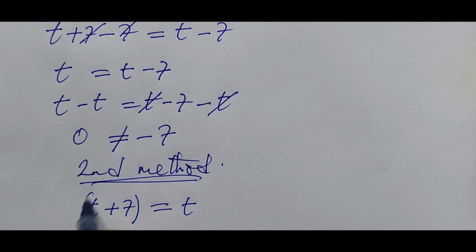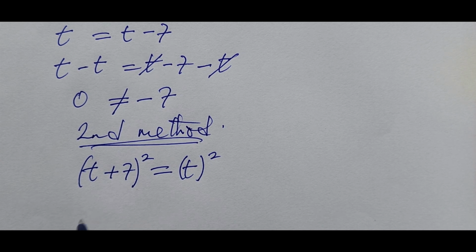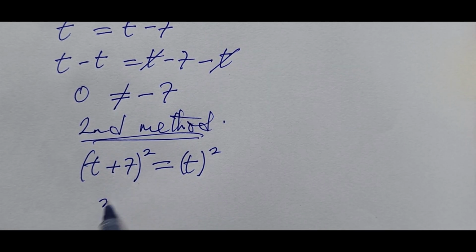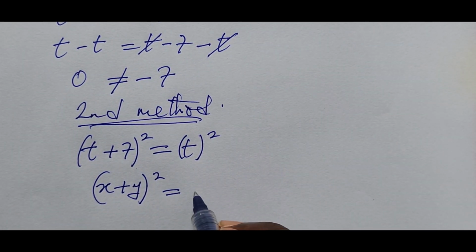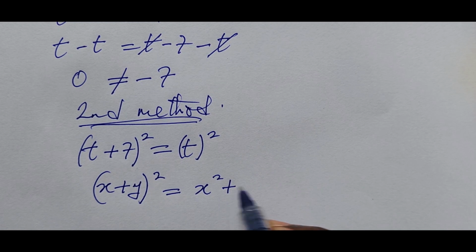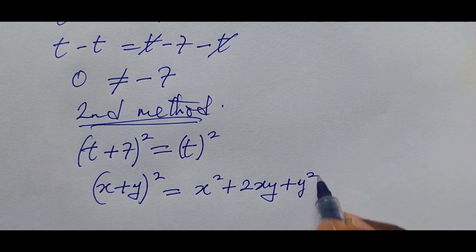If we square both sides of the equation, we're going to square this also. And here we're going to apply a property of algebra, or algebraic identity. It says that if you have x plus y all raised to the power of 2, it is equal to x to the power of 2 plus 2xy plus y squared.